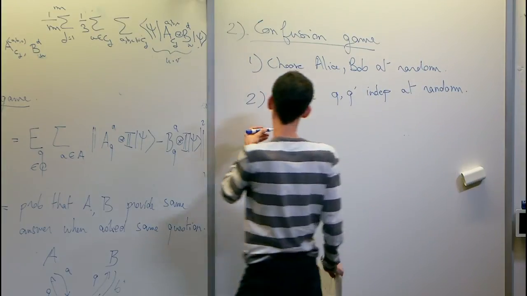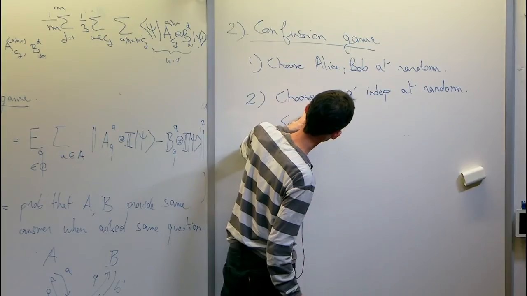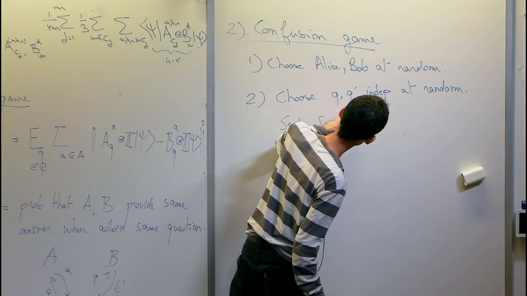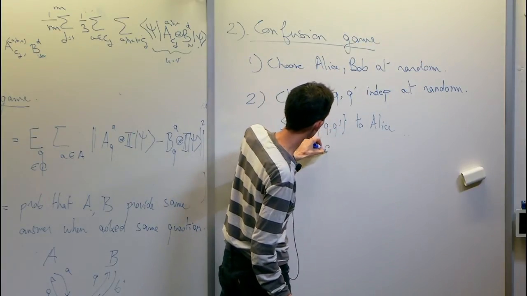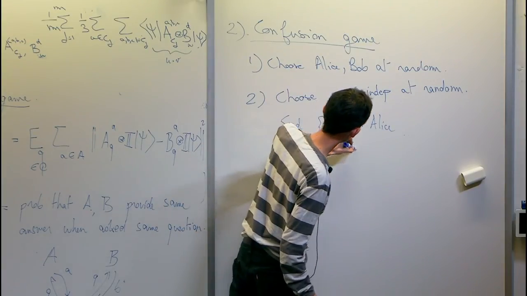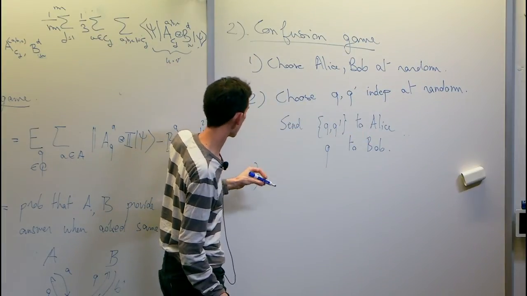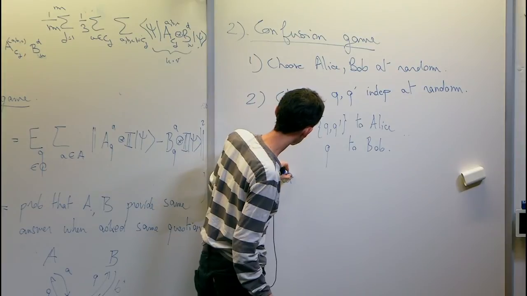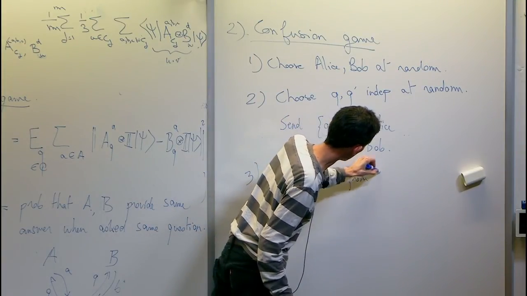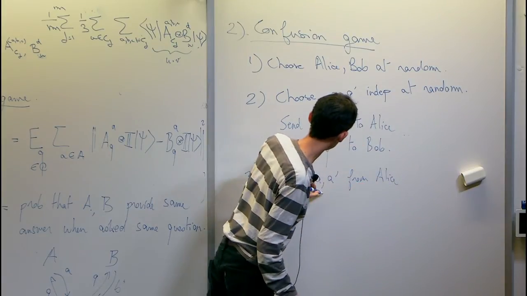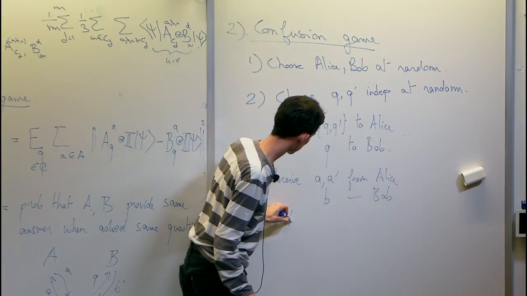Then you send the unordered pair Q prime to Alice, and you send, let's say, the first one, but this was unordered so it doesn't matter, Q to Bob. So Alice got 2 questions, Bob got 1. Then you receive A prime from Alice, who has to provide you 2 answers, and B from Bob, and you check.